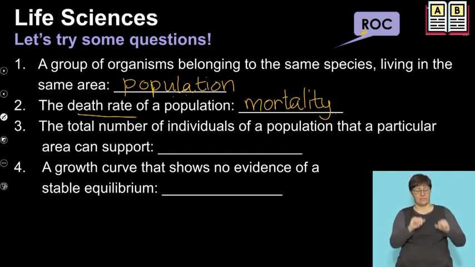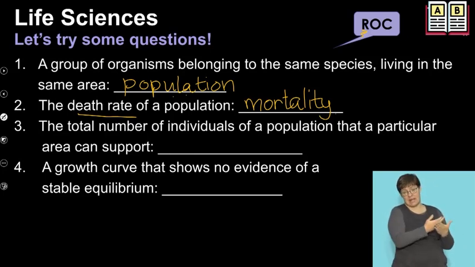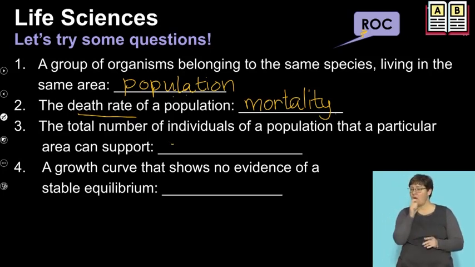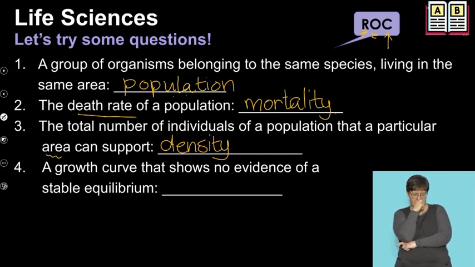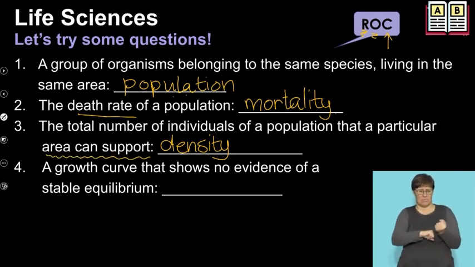The total number of individuals of a population that a particular area can support. Now, I'm going to write here density. I think that the total number of individuals refers to the density. But now when I go back and check, I see that I'm talking about the number that an area can support. So I'm not happy now.